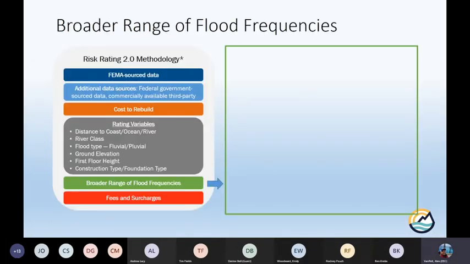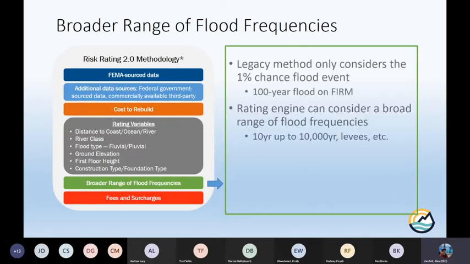That's kind of it for the rating variables. Now we're going to talk about the flood frequencies. So again, the legacy method pretty much only considered the 1% chance flood event. So 1% chance riverine flooding, 1% chance coastal flooding. The new rating engine is going to have the ability to factor in a broader range of flood frequencies, anywhere from the 10-year up to the 10,000-year flood frequency.